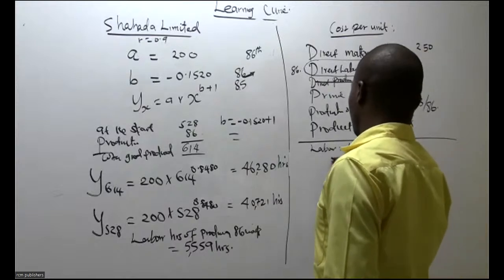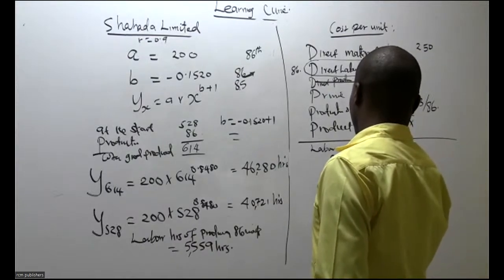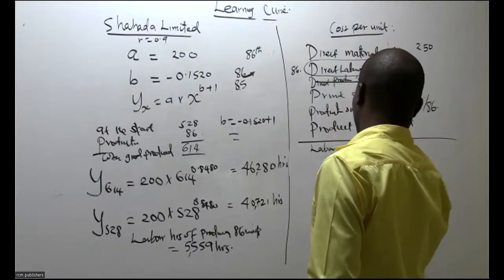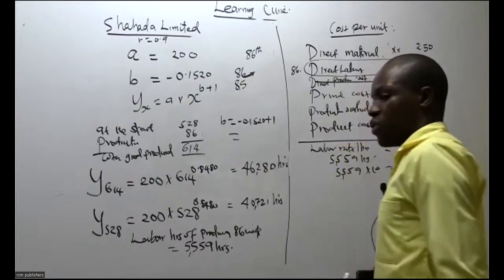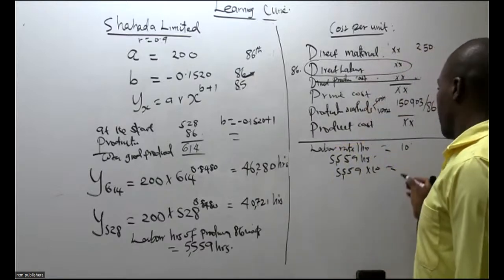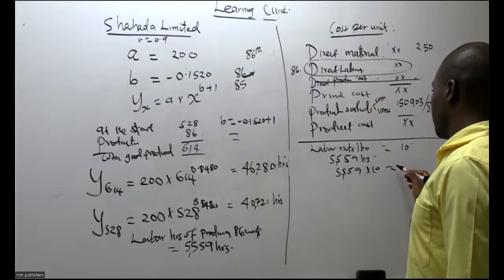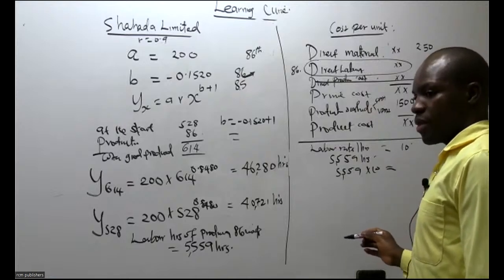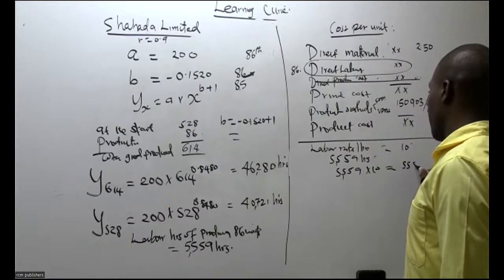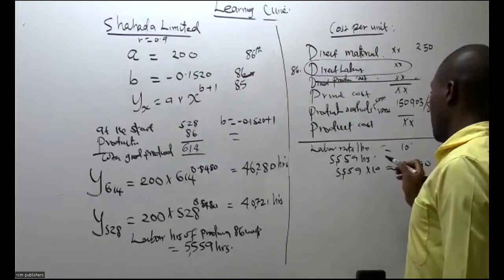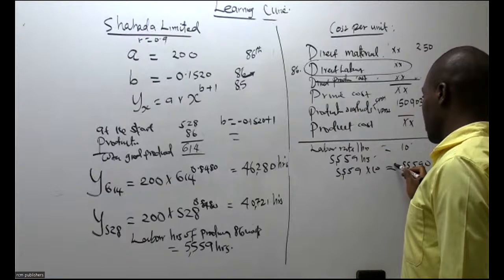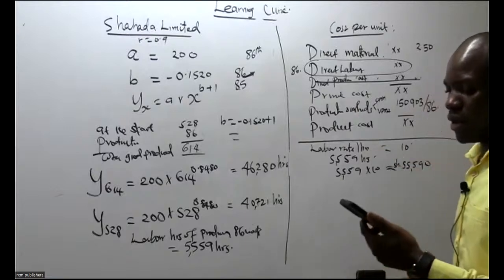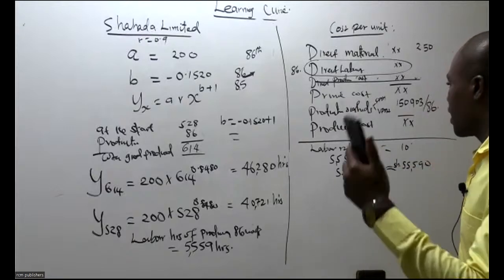Then we have a total of 59 hours. 59 times 10 gives 590. Now not hours, but shillings. That is the total labor cost.